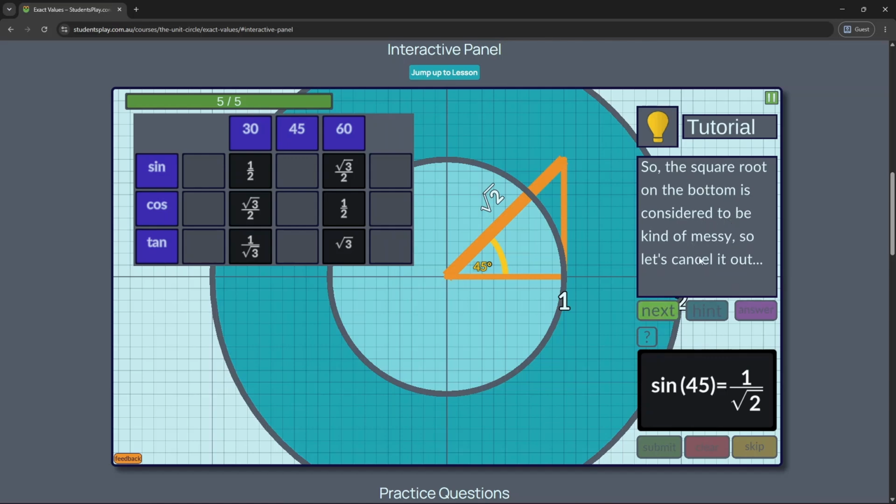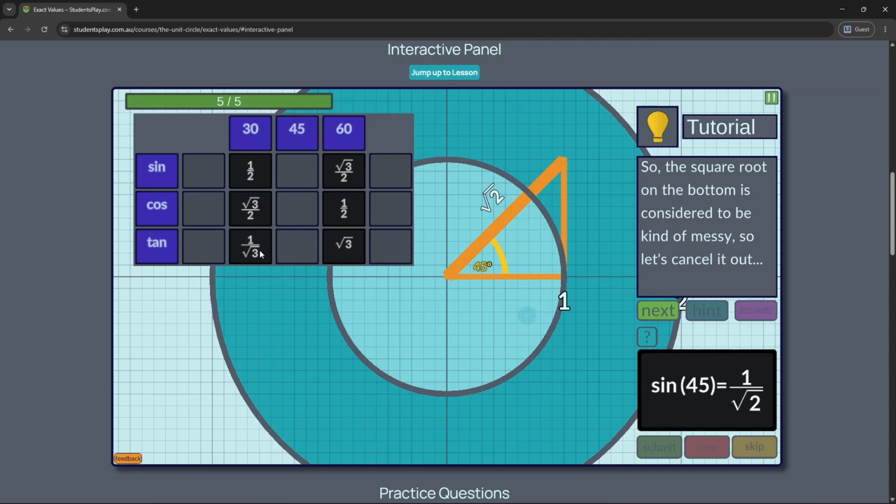I'll mention real quick, earlier we do have a square root on the bottom, which is just here, and we chose to leave that one. That one was fine, so why is this one not fine? Ideally, we should rationalize this one too, but as you'll see, there's a method to memorize this table, and it's handy for the memorization if this square root of 3 is on the bottom for this one, and so for the table, we're going to leave it on the bottom.